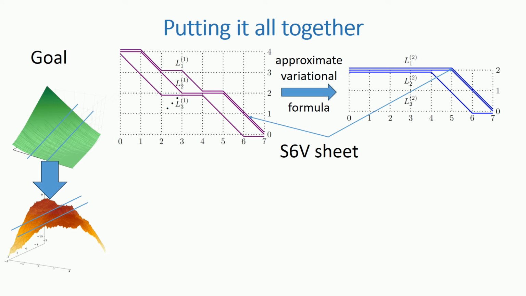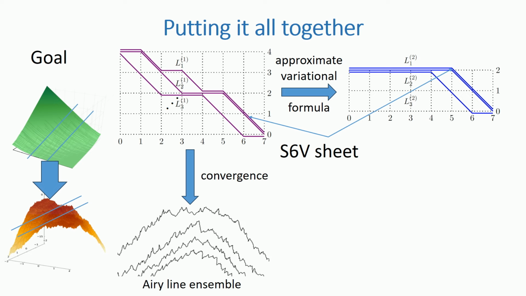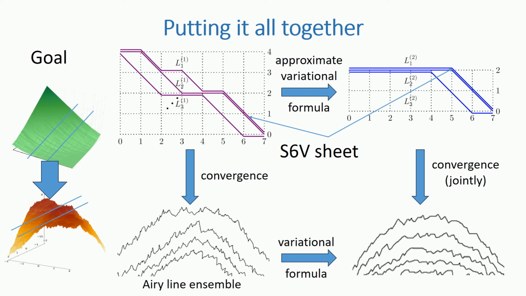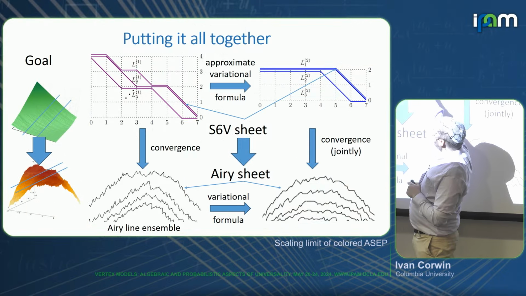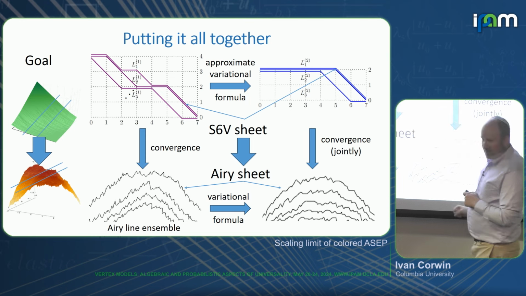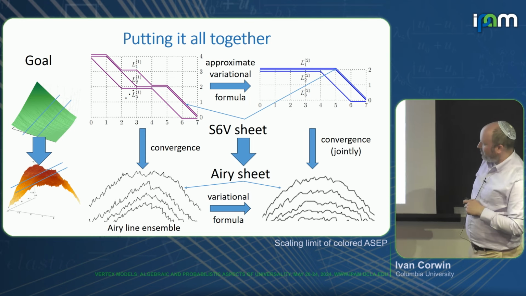We care about the top curves. The first one converges to the Airy line ensemble, and the second one converges to a variational problem in it, and that exactly gives us this description of the Airy sheet. Okay, so the underlying convergence and the approximate variational problem are the two pieces that become relevant in order to extract this.